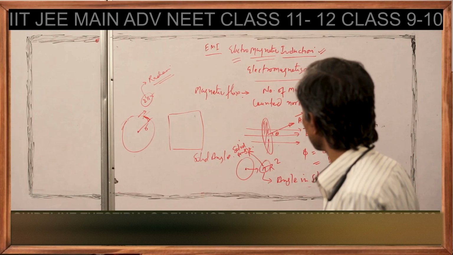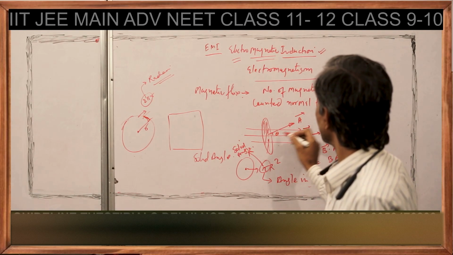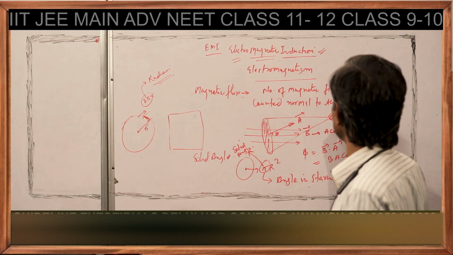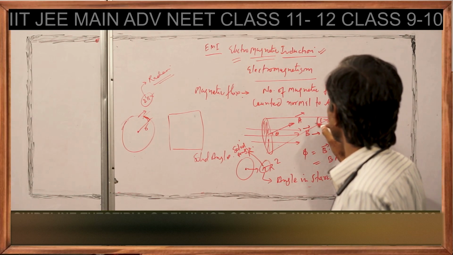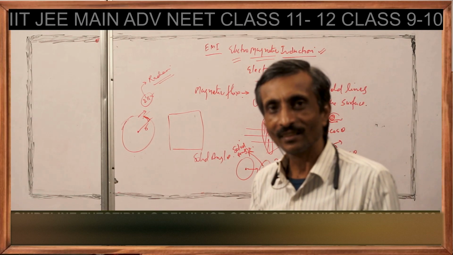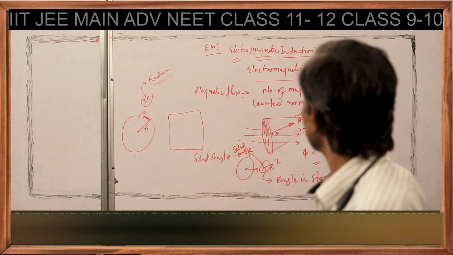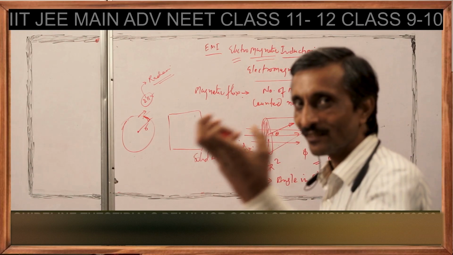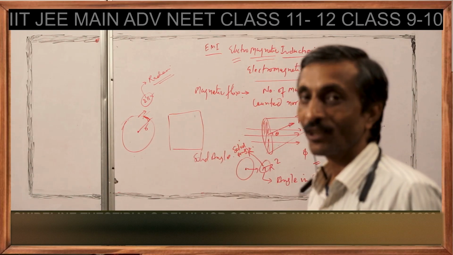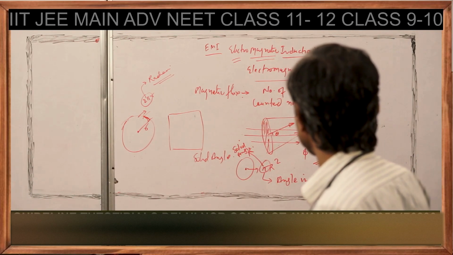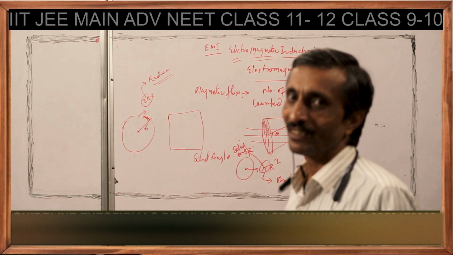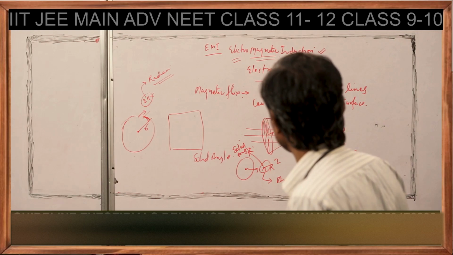To visualize the area, we have to look at it perpendicularly. This is the solid angle. If you are seeing this board, that is the conical solid angle, here the conical solid angle. That is the pi r squared. What is pi? Solid angle.